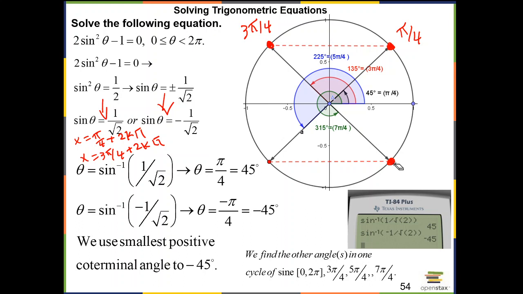So what do we do? We say, okay, the calculator gives us negative 45. But what is the smallest positive angle that has the same negative sign, right? So we want this angle here. Well, the smallest positive angle would be this one, that has the same sign. So instead of using that, we're going to use this angle.